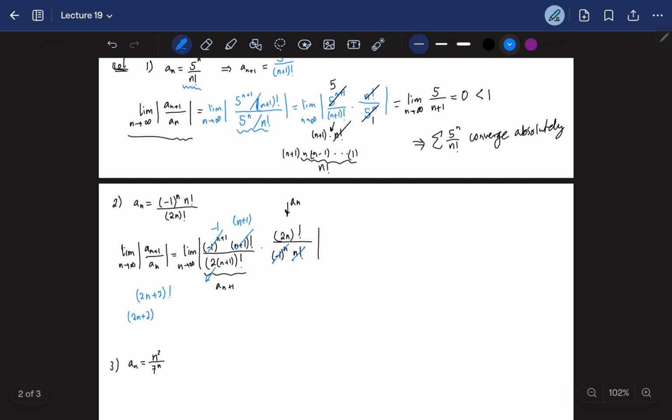So this is 2n plus 2, then we subtract 1, so 2n plus 1. Then if we subtract 1 again, we get 2n, and we keep going until we reach 1. So this is just 2n factorial. I can cancel this with this part, and I have this in the denominator. So now we have the limit, and I can cancel the negative with the absolute value. And since n is positive, I can remove the absolute value.